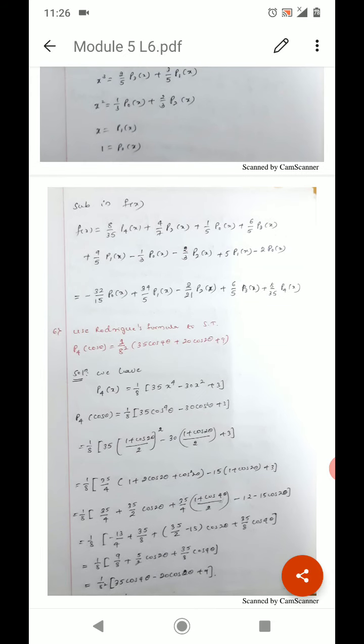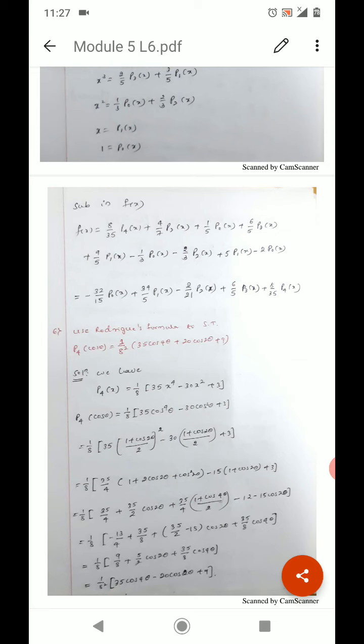So which is equal to 1 by 8 into 35 by 4 of 1 plus 2 cos 2 theta plus cos square 2 theta minus 15 into 1 plus cos 2 theta plus 3. So by solving this, we get 1 by 8 of 35 by 4 plus 35 by 2 of cos 2 theta plus 35 by 4 cos square 2 theta minus 12 minus 15 cos 2 theta.